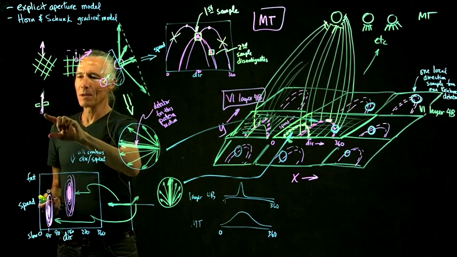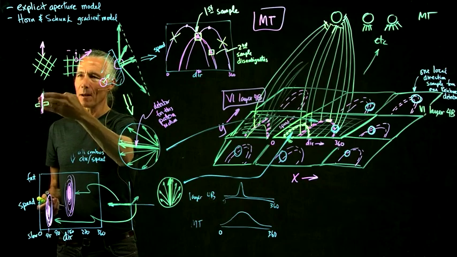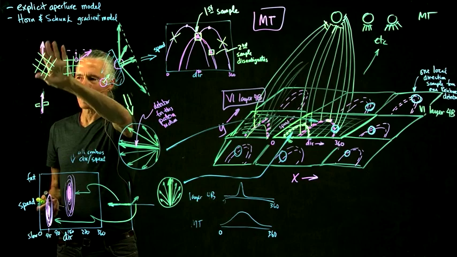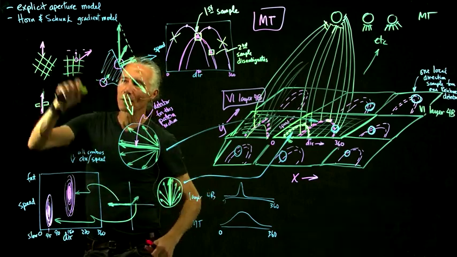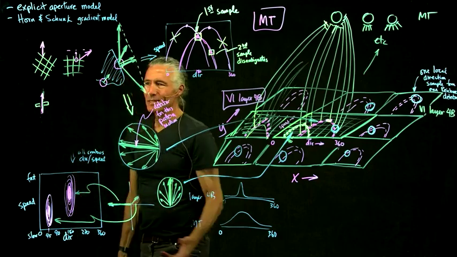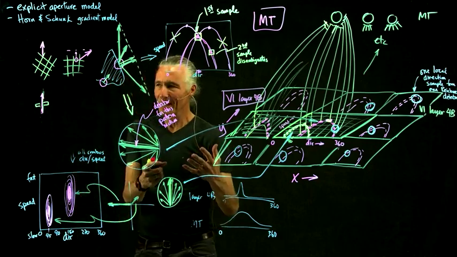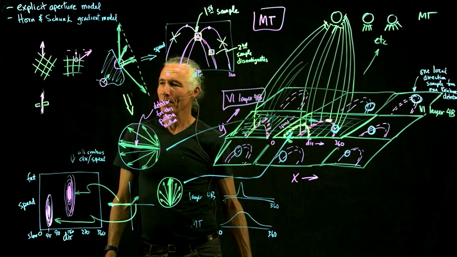So if you test in MT and find a neuron that likes a bar moving up, it will also like this plaid pattern moving up. And so it's solved this problem of how to combine all this local information across space. So this is a possible explanation for how MT might solve this problem.